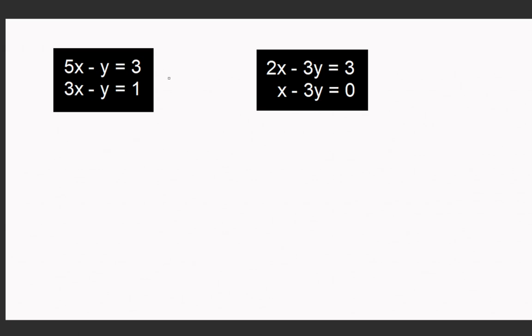Yes, it is, actually. This time, if we still subtract, it's going to work. Why is it going to work? Because we have a minus y here, and we have a minus y here. And if you subtract two things which are the same, it has to give 0.